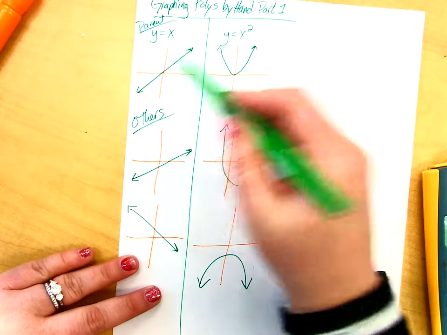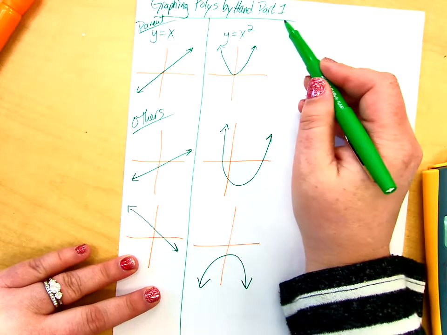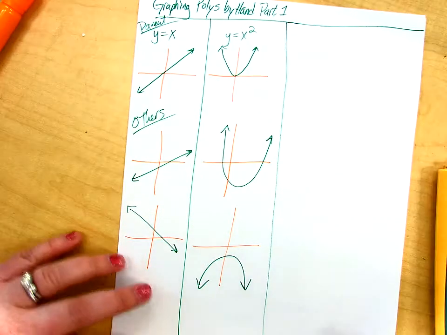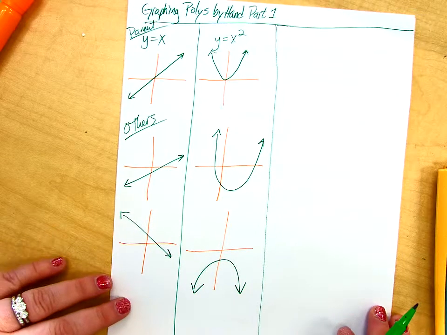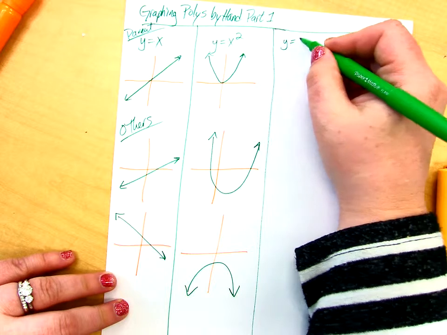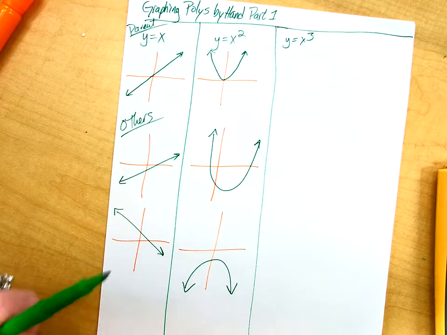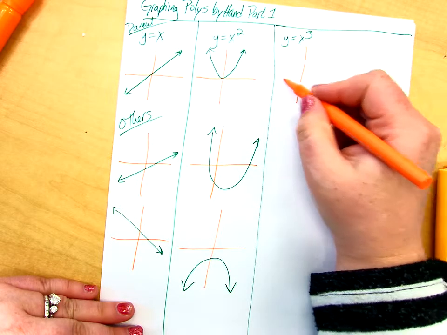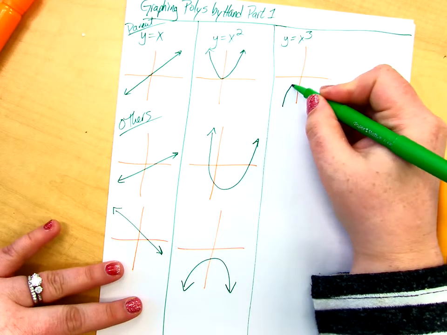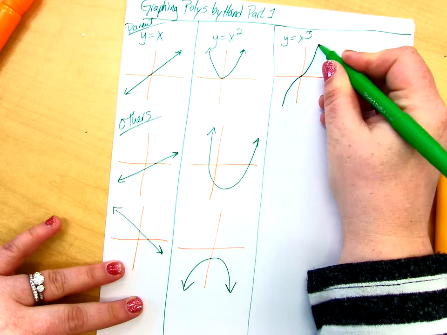Okay, so you've learned all about these throughout your math career so far, and we're now just starting to talk about higher exponents, like an x to the third. If you graph the parent function, it looks approximately like this. It's going to come up from the bottom, it passes through the origin, and then it just goes up.